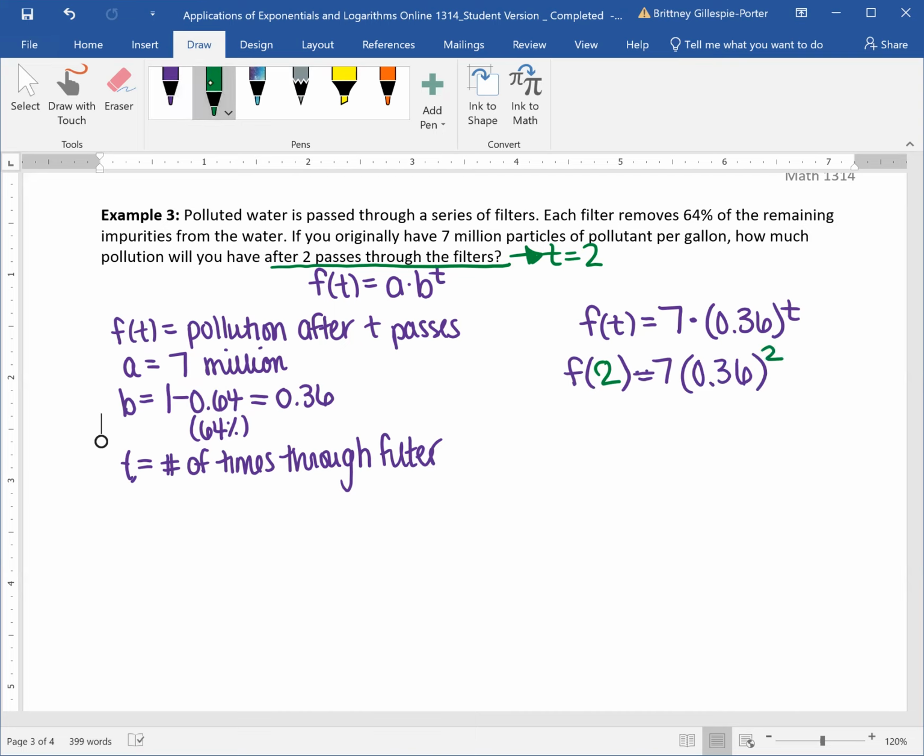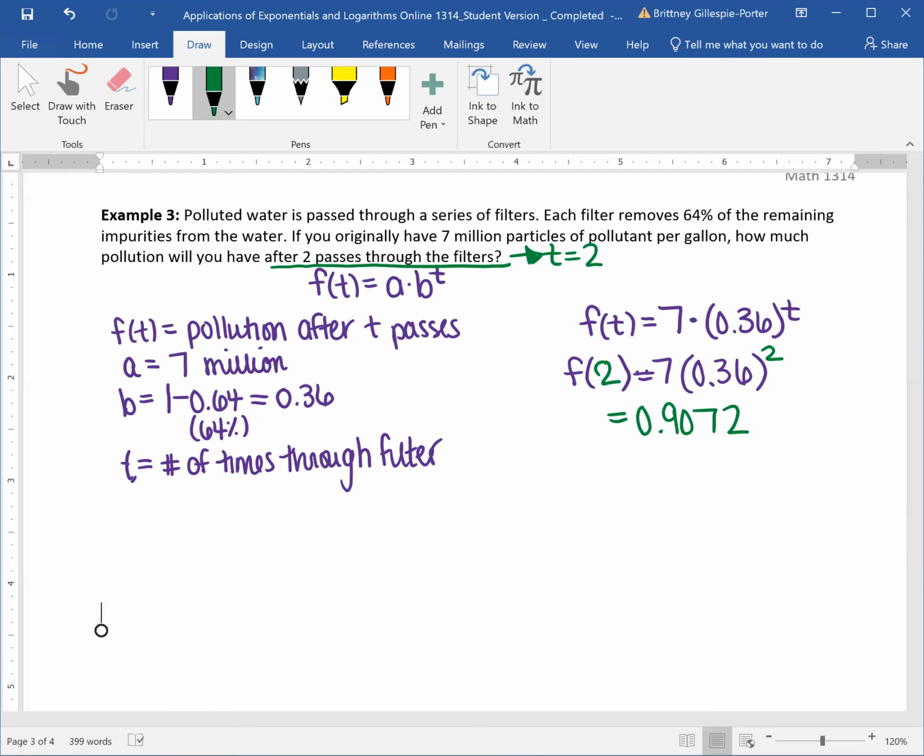Remember that the 7 is not taken to the exponent, only the 0.36 is taken to the second, which means that you should be getting 0.9072.